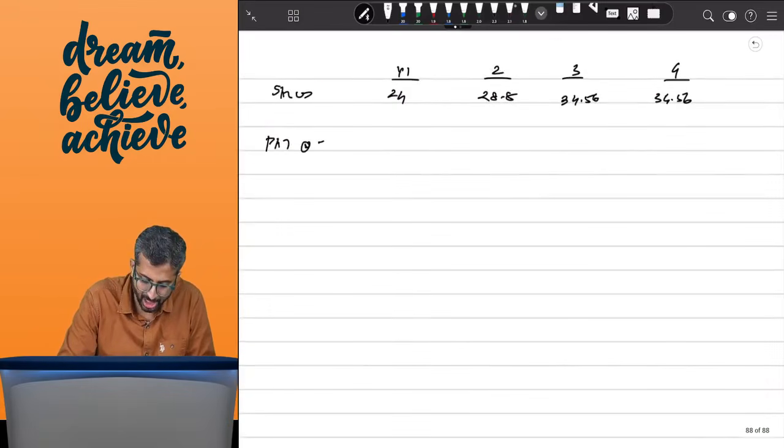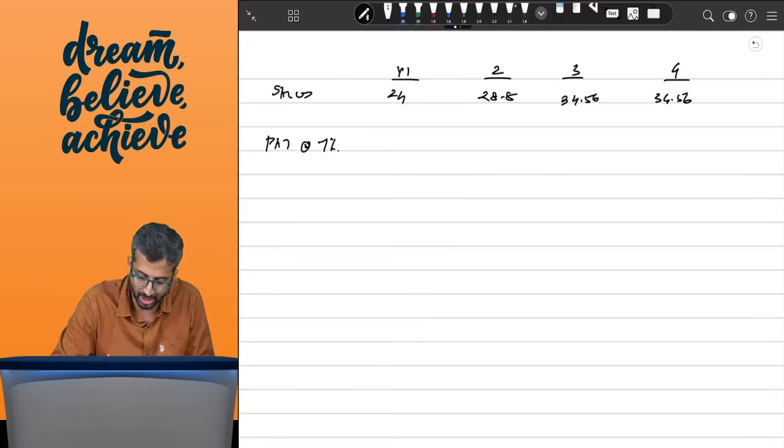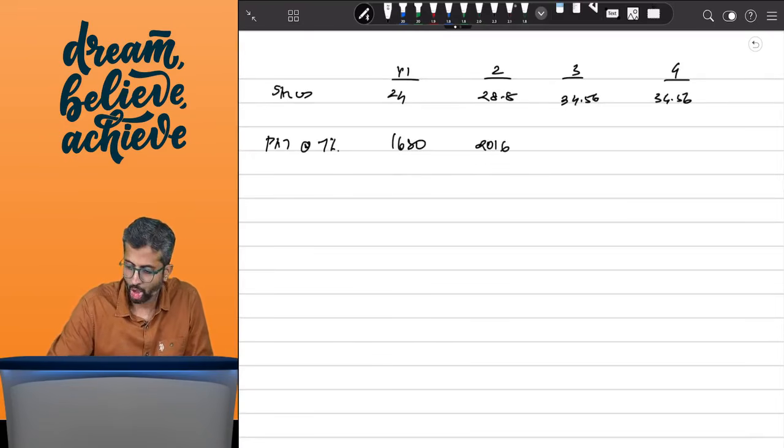So my PAT at the rate of 7% will be 24,000 into 7% comes to 1680, 28,800 into 7% comes to 2016, 34,560 into 7% comes to 2419, and this will remain the same, stable.